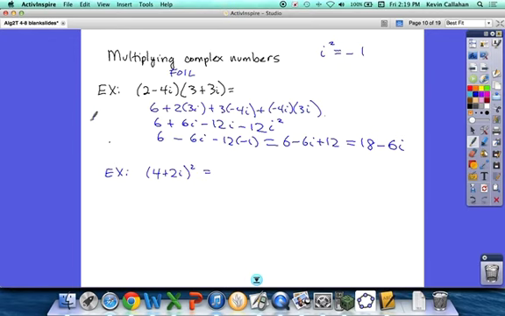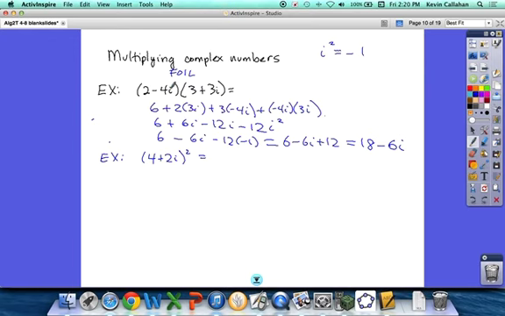Since i is the square root of negative 1, i squared equals negative 1. So whenever we make an i squared through multiplication, we replace it with a negative 1. Right, how are we going to do the inner? 3 times negative 4i.